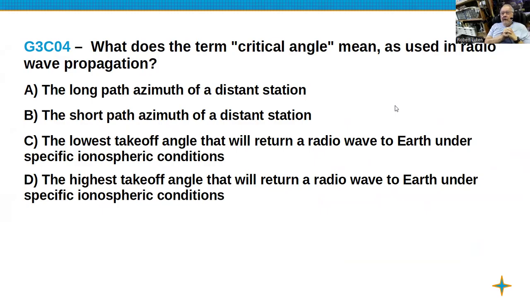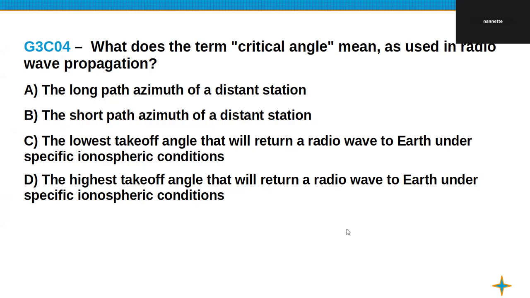What does the term critical angle mean as used in radio wave propagation? Delta. Somebody thinking about it. Charlie. Well, I'm not sure if it's C or D because I can't remember if it was highest or lowest. I'm going to say Charlie. I like Charlie. Oh, well, I'm outnumbered.